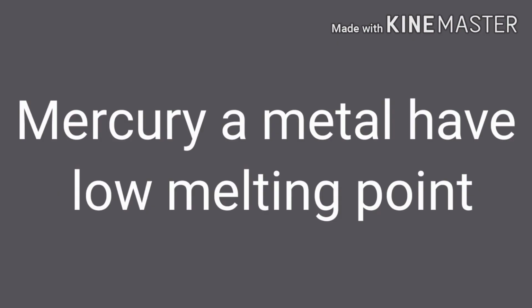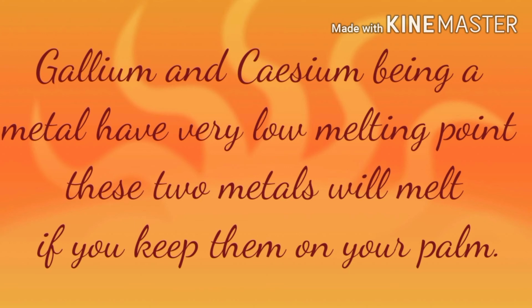While mercury is a metal which has a low melting point. Children, you are aware of the use of mercury in the thermometer. Gallium and cesium, though metals, have very low melting points. This is an exception. These two metals will melt if you keep them on your palm.